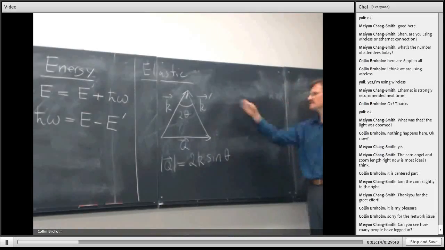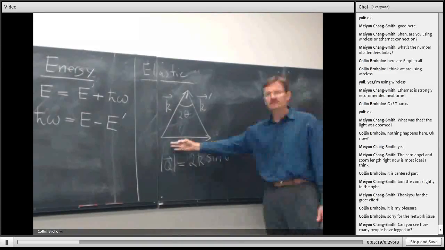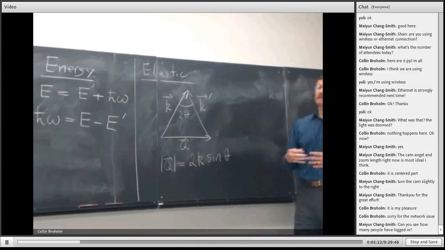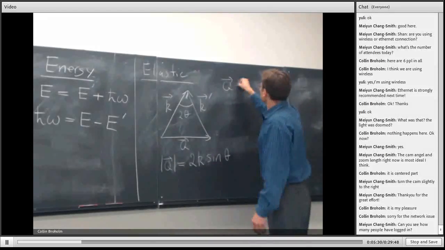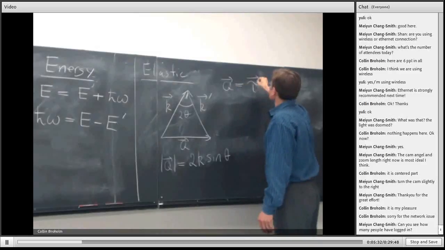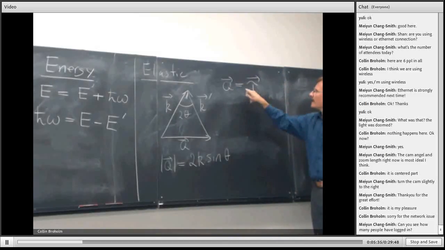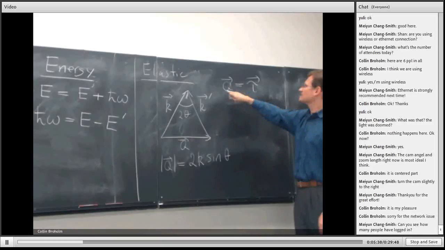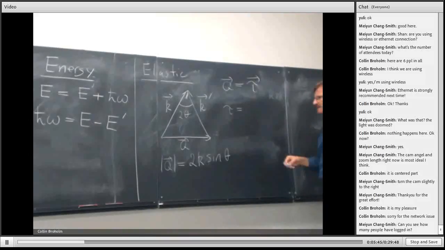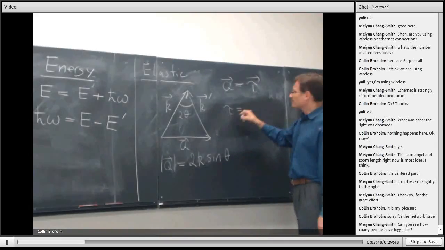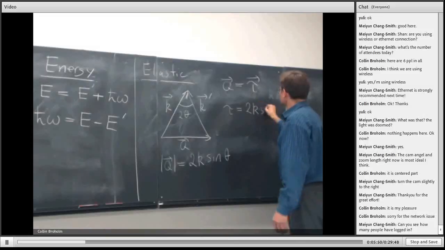So this is just simple geometry of the elastic equilateral scattering triangle, and this expression essentially turns into what you're familiar with as Bragg's law when we have a periodic solid. Because in a periodic solid, we have the condition that Q must be equal to a reciprocal lattice vector, which we call tau, and this also requires that the length of these vectors must match each other, and so we end up with a condition to have Bragg diffraction, which is that the reciprocal lattice vector length must match 2k times sine theta.